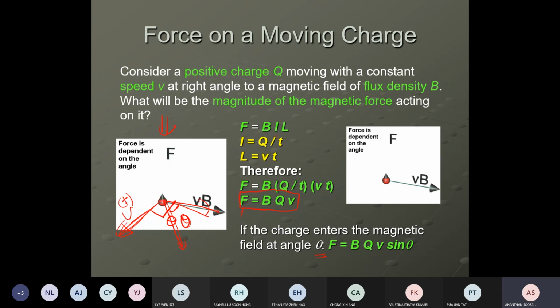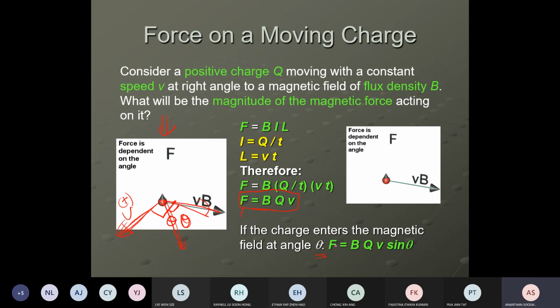There is no magnetic force, right? When a charged particle moves parallel to the field line, it doesn't cut the magnetic field line, so it won't experience any force. The charged particle experiences the greatest force when it cuts the magnetic field line at right angle, and the magnitude of the force will be the greatest.